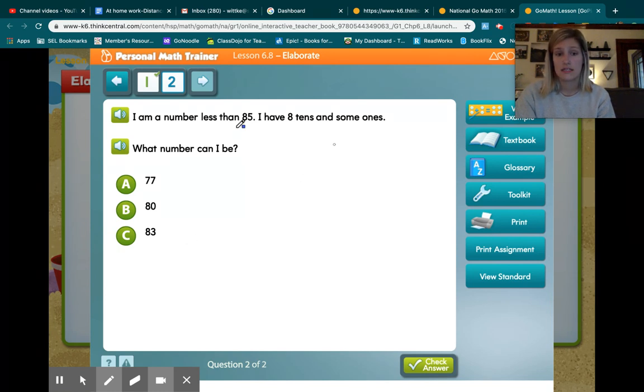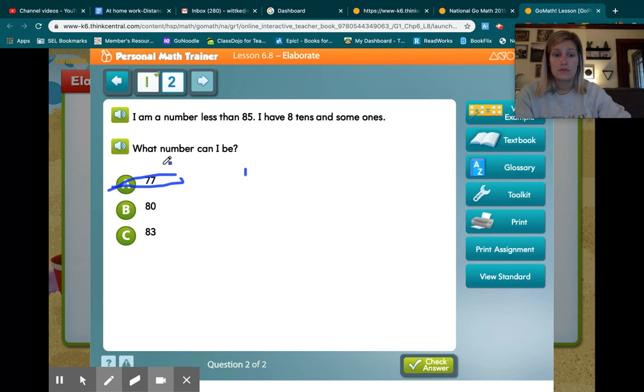Let's look at the next thing. It says, I have 8 tens and some ones. Well, I already see one that doesn't have 8 tens. 77 has 7 tens. So let's cross that one out. And now it says, I have 8 tens and some ones. So let's draw a quick picture of both 80 and 83 and see which one matches.